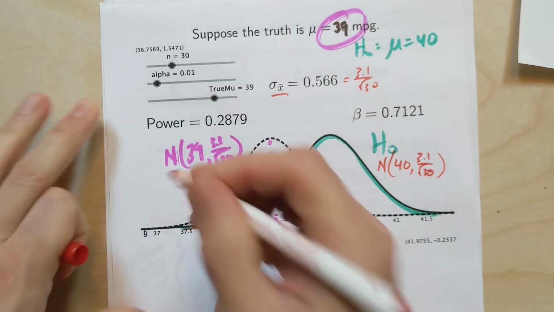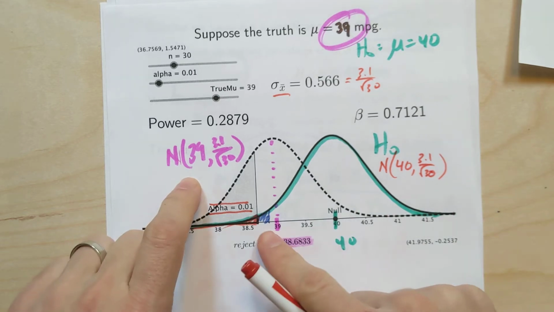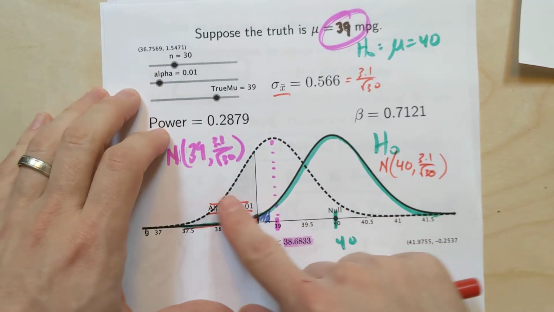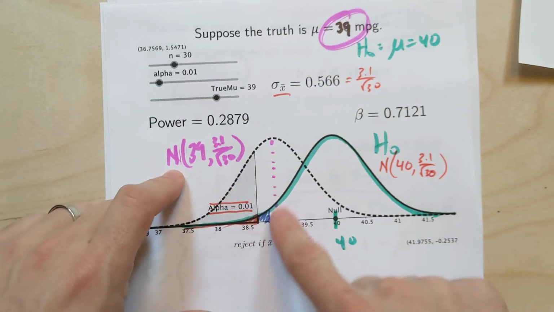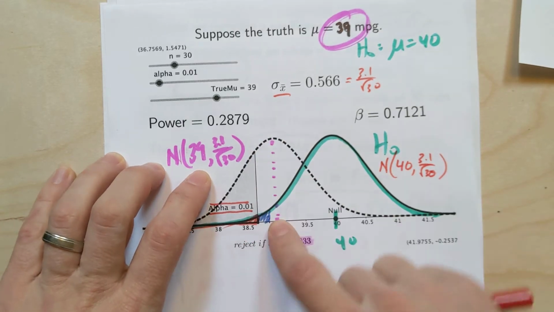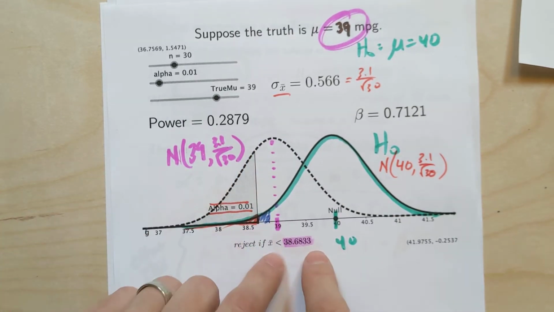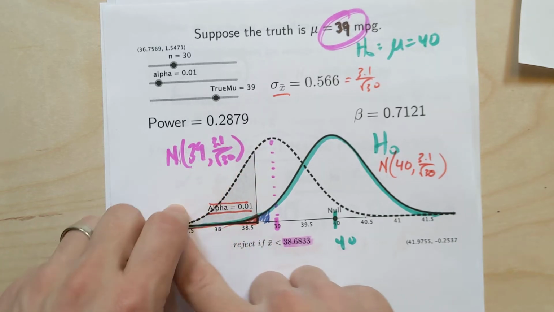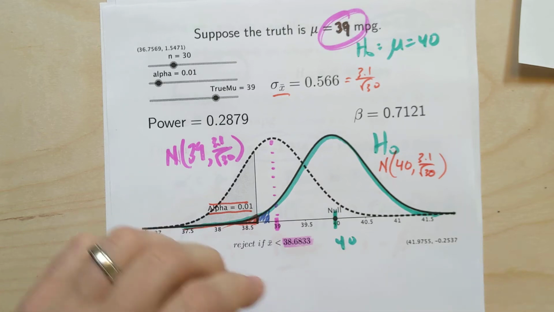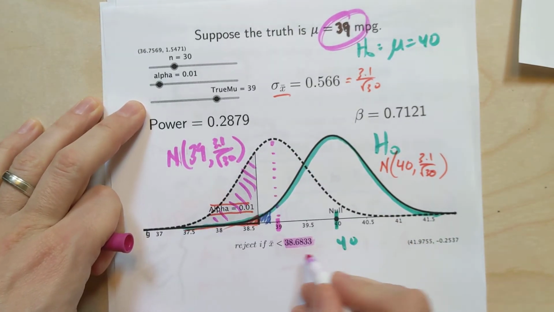This is the true distribution of the gas mileages of these cars, which is truly on average 39 miles per gallon. So the probability of getting a sample mean that would cause me to reject the null hypothesis is the total area under the curve where I have sample means that are less than 38.68.